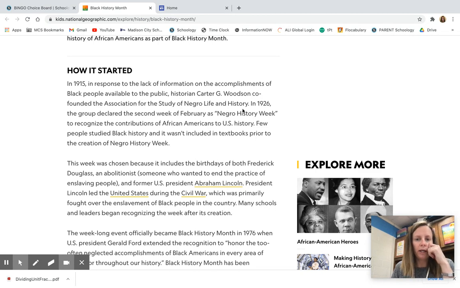In 1926, the group declared the second week of February as Negro History Week to recognize the contributions of African Americans to U.S. history. Few people studied Black history, and it wasn't included in textbooks prior to the creation of Negro History Week. So interestingly, Black History Month started out as a week of celebration and education, and that was back between 1915 and 1926. So I'm going to make a note of that.